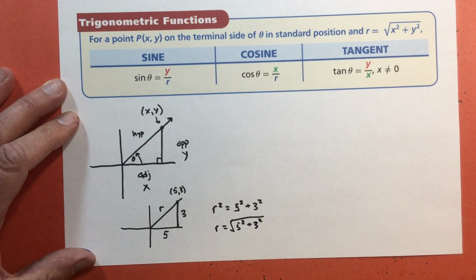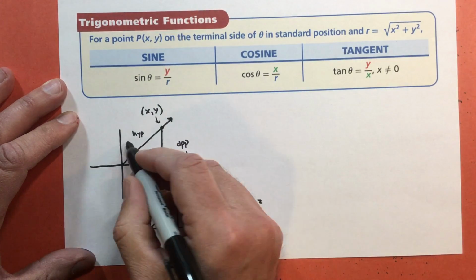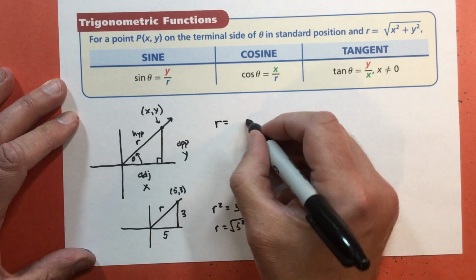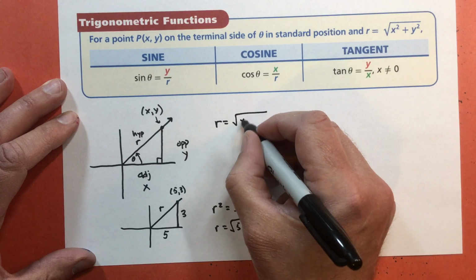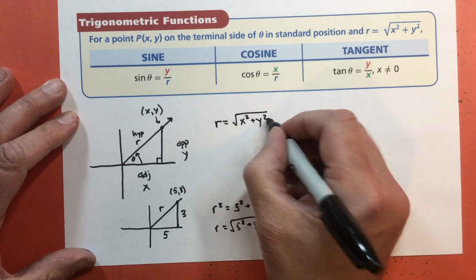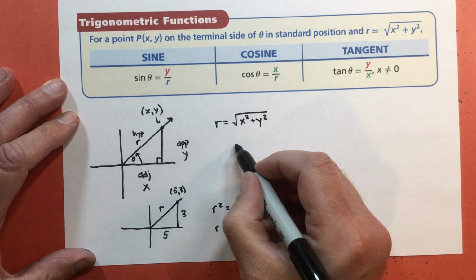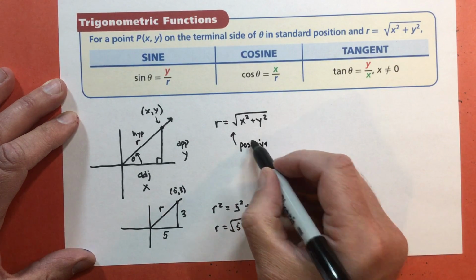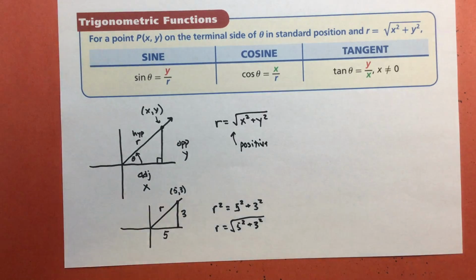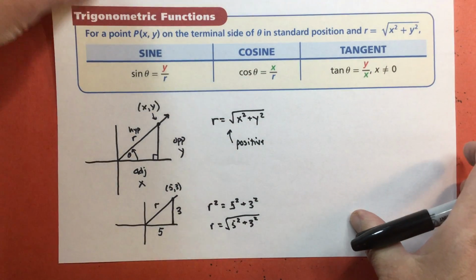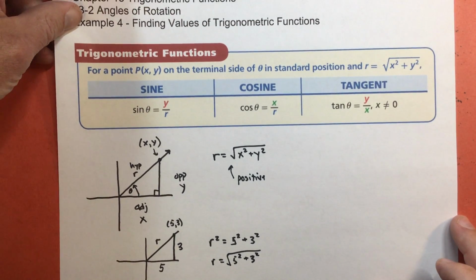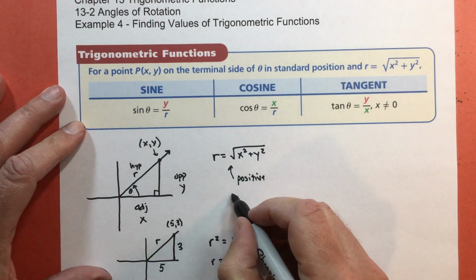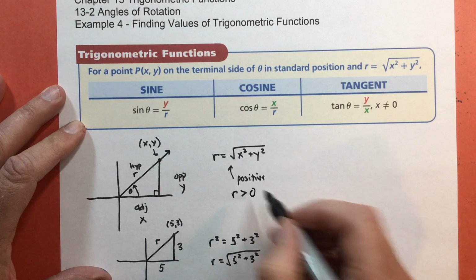In general, the hypotenuse, which again we're going to call r, is going to be the square root of x squared plus y squared, and again, just the positive, not the negative. When we solve quadratics, we end up with one positive, one negative, but we only want the positive because we're dealing with a distance. So keep in mind that r is always going to be positive.